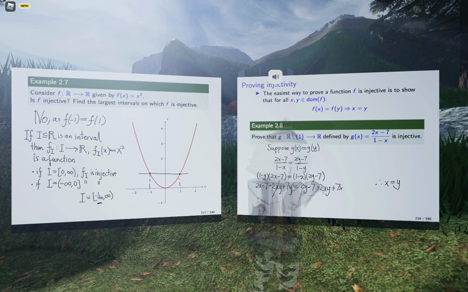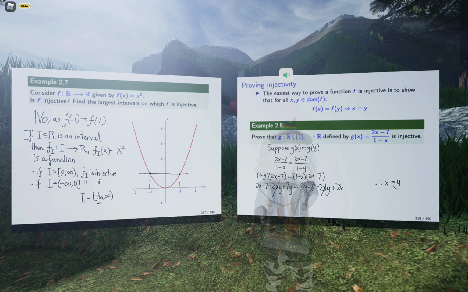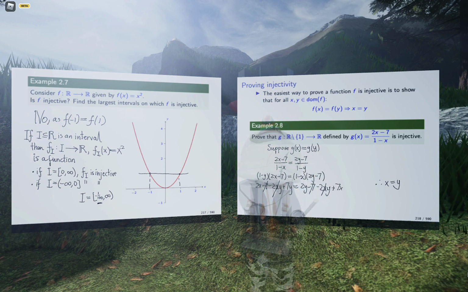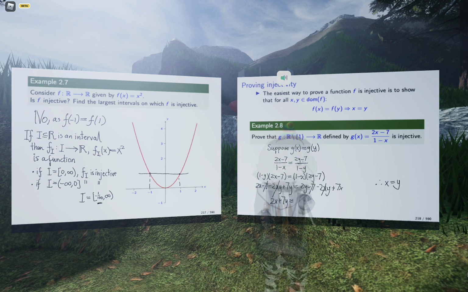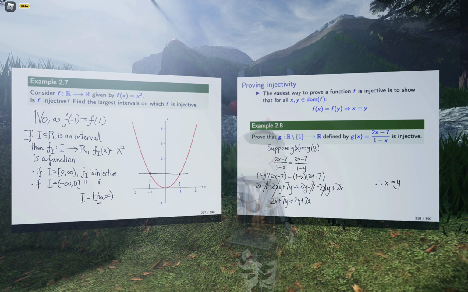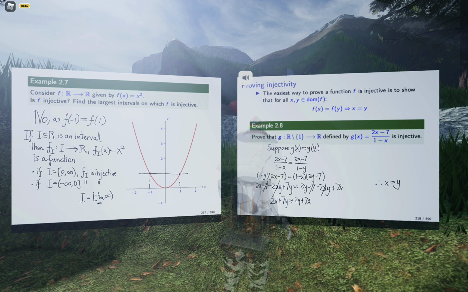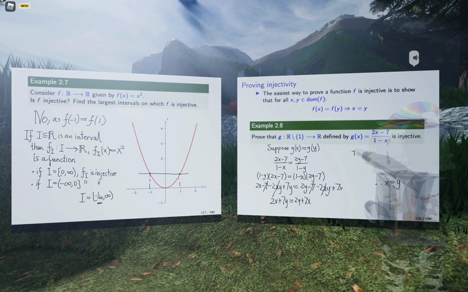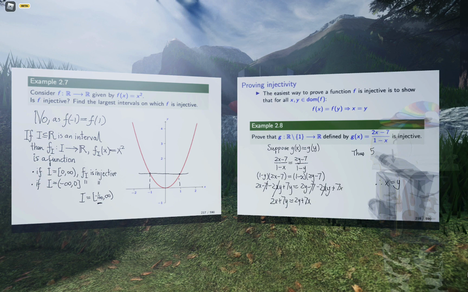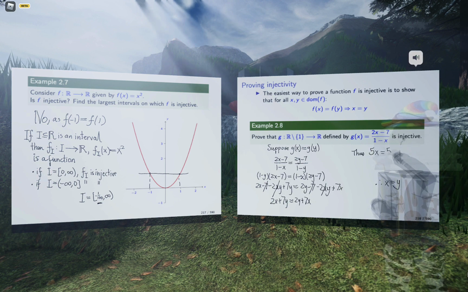Now, there's cancellations. The 2xy's cancel. The minus 7's cancel. I guess that's it. So we get 2x plus 7y is equal to 2y plus 7x. And clearly, subtracting 7x from the right and subtracting the 2y from the left-hand side, I get 5x equals 5y.